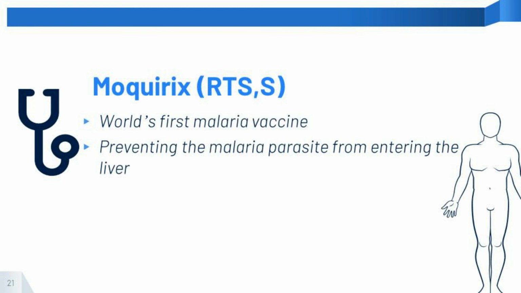And luckily, in mid-2015, the world's first malaria vaccine, Mosquirix, also known as RTS,S, was given the green light for use against Plasmodium falciparum malaria in Africa.